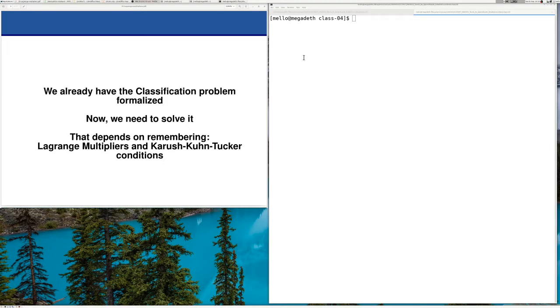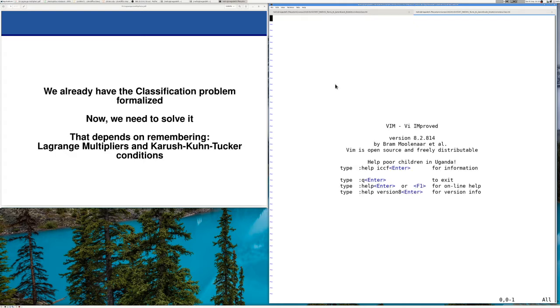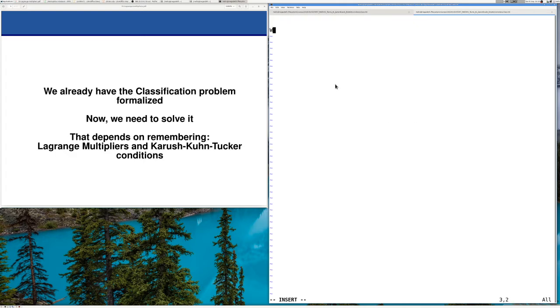Welcome back. Now we have to solve the optimization problem that we formalized before. Some people might still ask why we should solve that problem. Remember, that problem is based on the large margin bound.